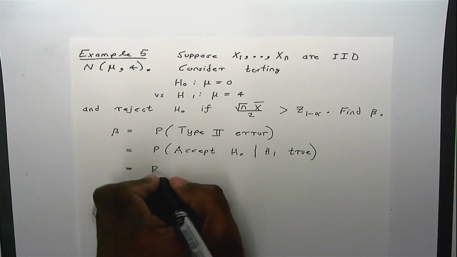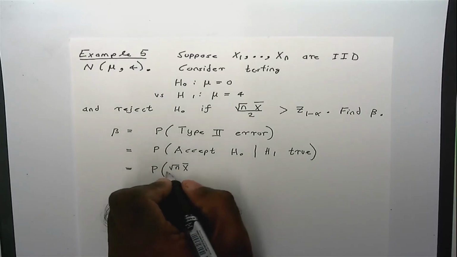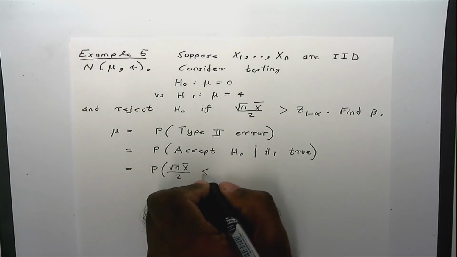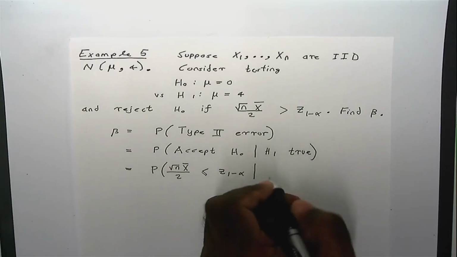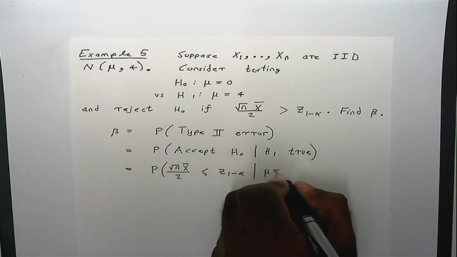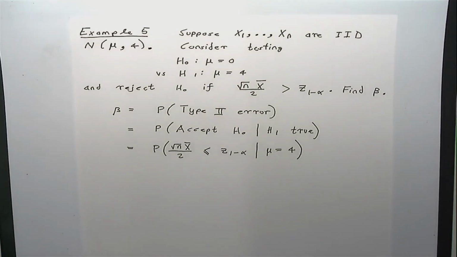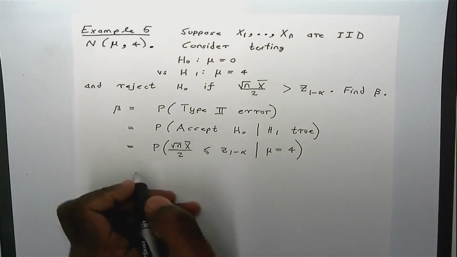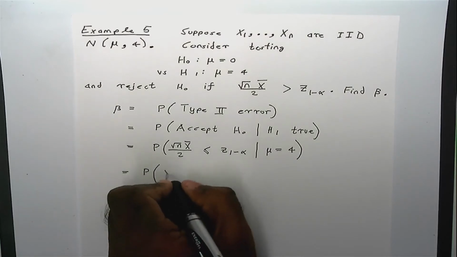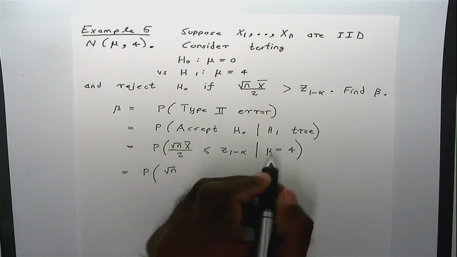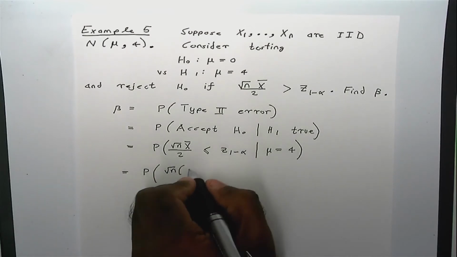So this is the same as root n times x bar divided by 2, given H1 is true, if mu equals 4. Now here I'm going to do a standardization, a trick that I used previously. Because the true population mean is 4, I'm going to do this.